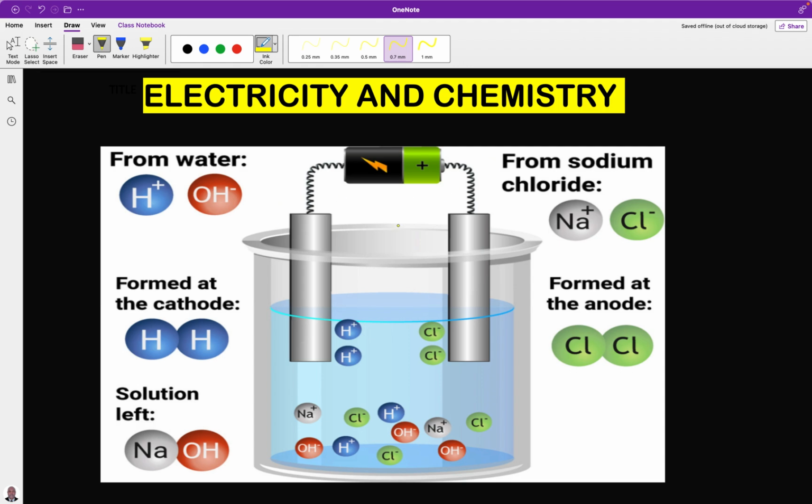You pass an electric current through an electrolyte, which could be in a molten state or in aqueous solution, and it will decompose into the various ions in it.